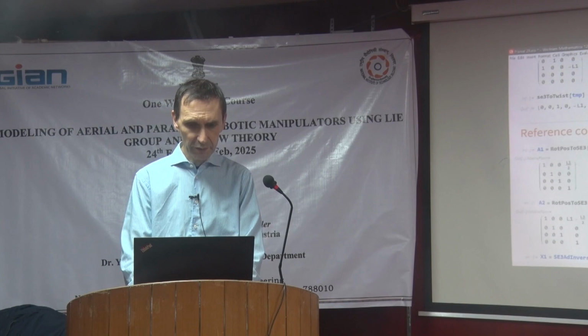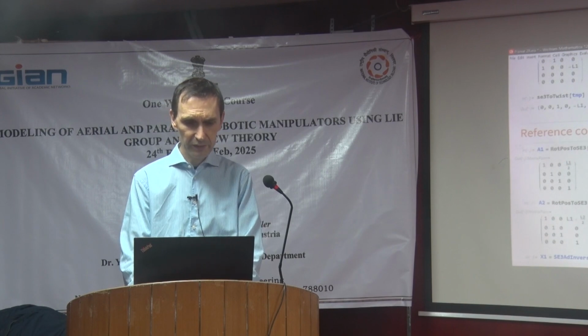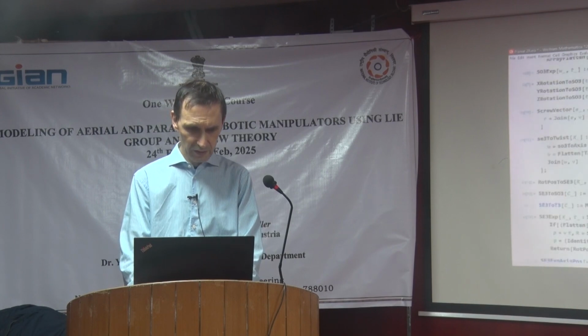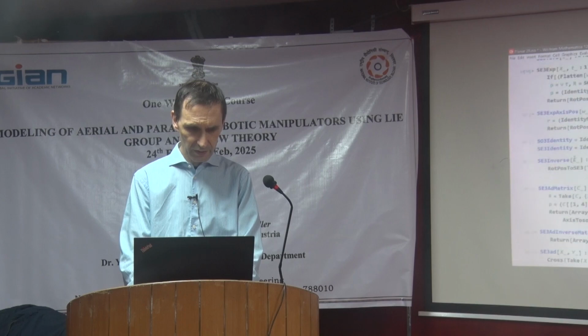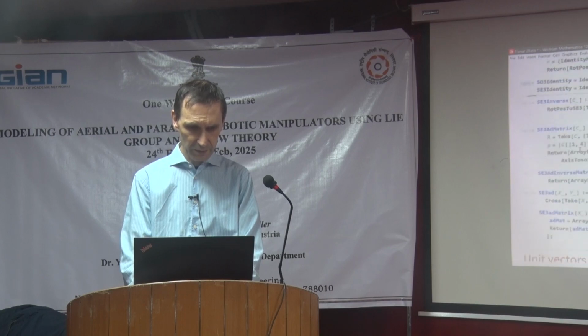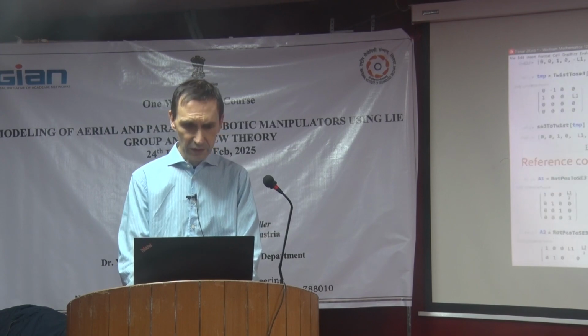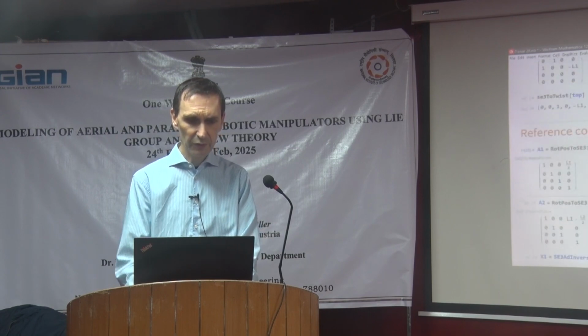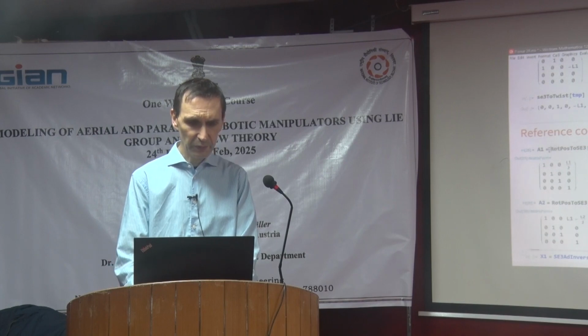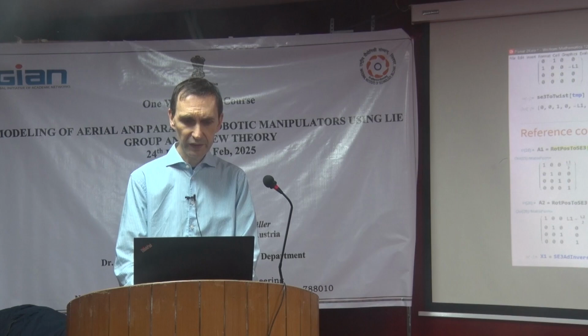Okay, the reference configuration. That's what we have to specify. This is a function that takes a rotation and a position and plugs it into an SE3 matrix, which is a homogeneous matrix. So this is the identity matrix, and then comes this vector that we just had.